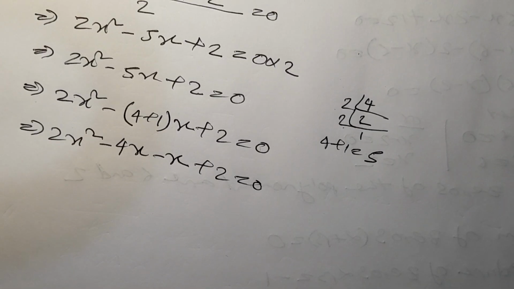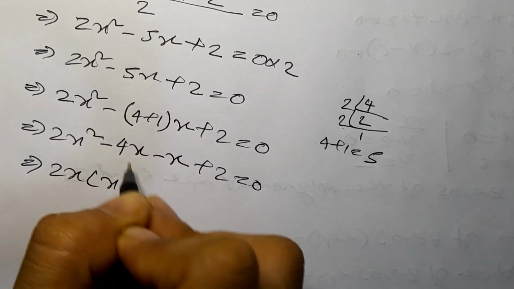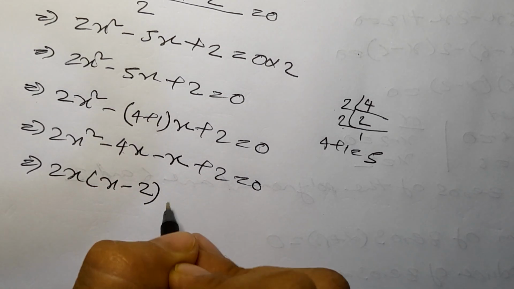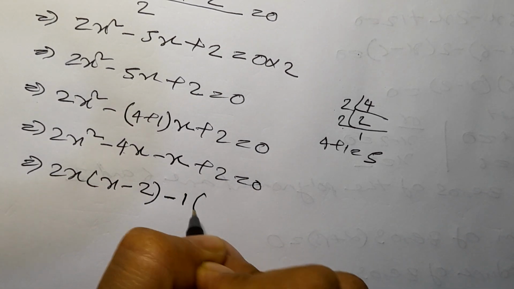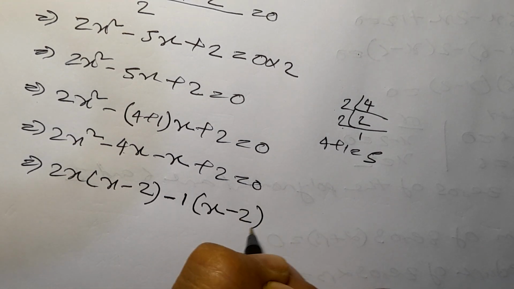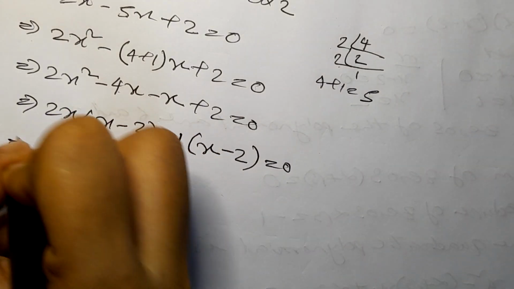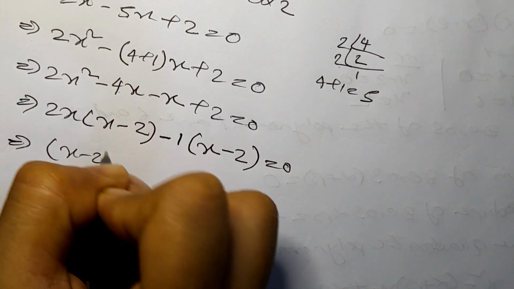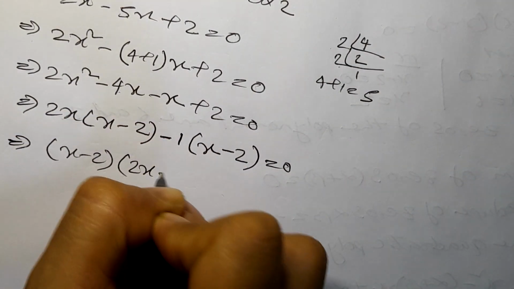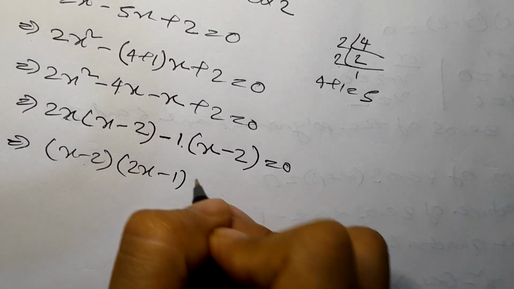We are going to take the common 2x, so it will be x minus 2, 2 2s are 4. Here we have to take the minus 1 common, so it will be x minus 2, minus, plus 2 into 1 is 2 equal to 0. Now x minus 2, then 2x minus 1, so x minus 2, 2x minus 1 equal to 0.